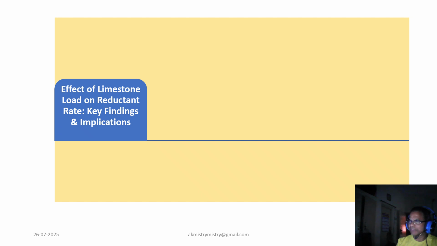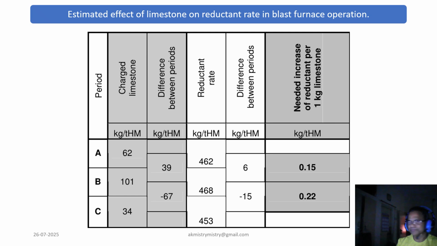The findings provide insight into optimizing fluxes while balancing coke rate and sulfur removal efficiency. So almost all factors are very challenging in nature in day-to-day operation of a blast furnace.